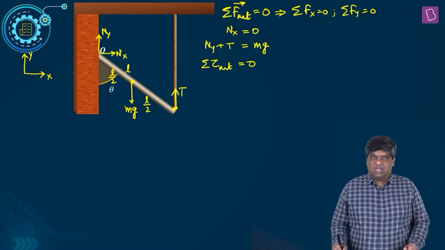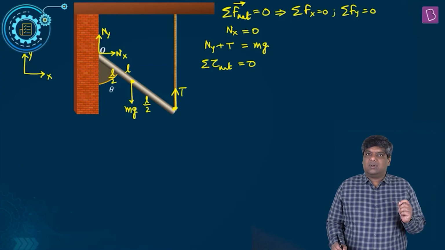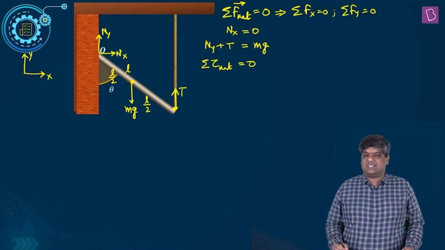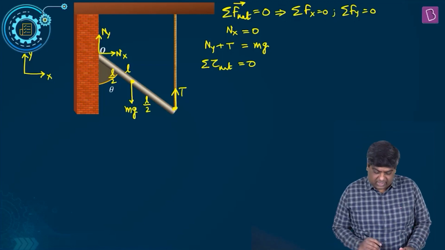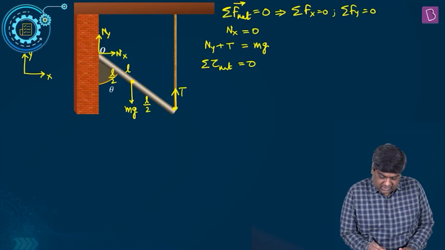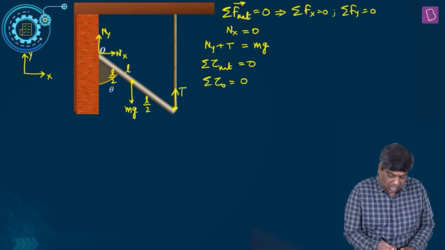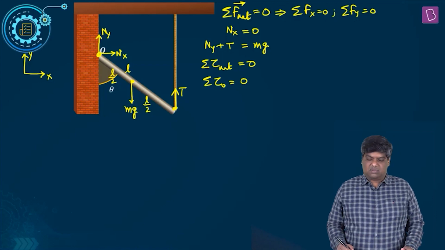Now, since I want T, I'm going to take the axis at O, the hinge, such that Ny doesn't have a torque at all. So I will say summation torque about O must be equal to 0. So about O, Nx and Ny won't have a torque. Nx is already 0, so you don't have to worry.